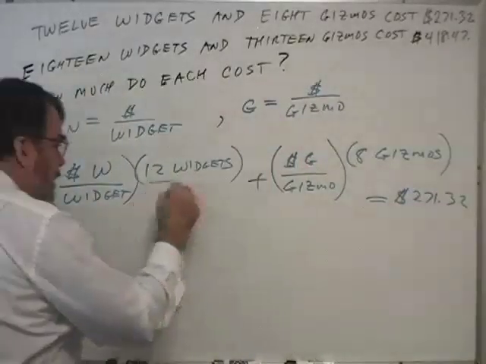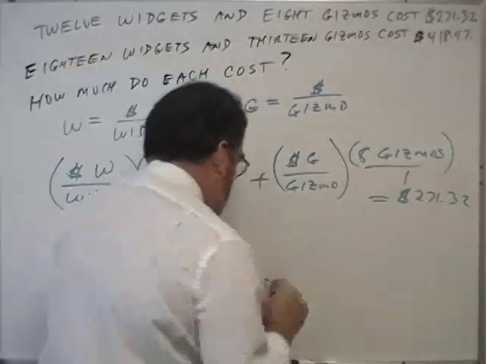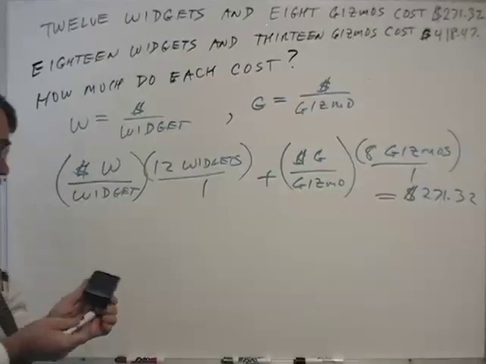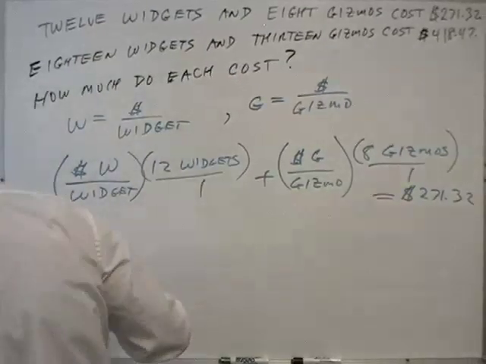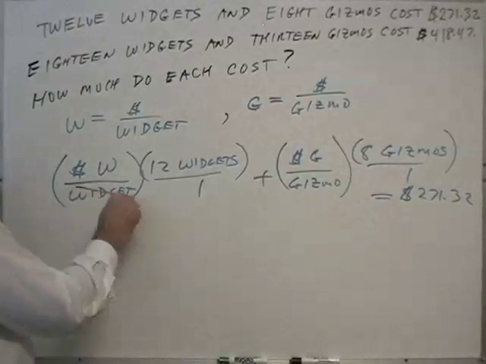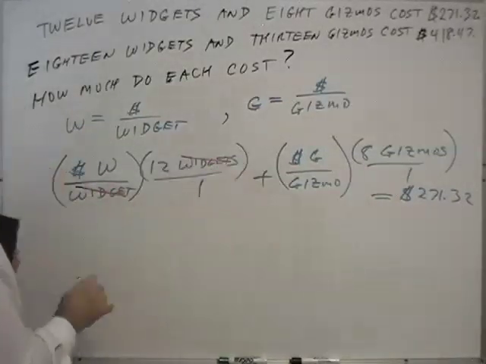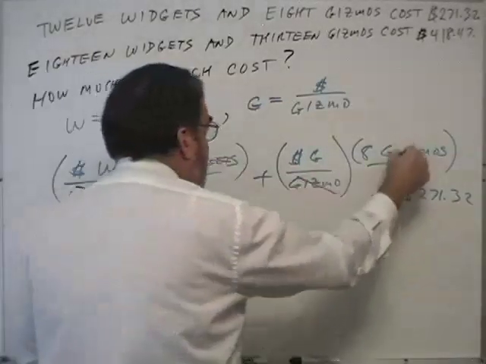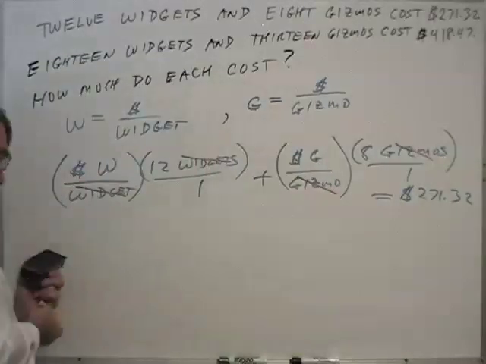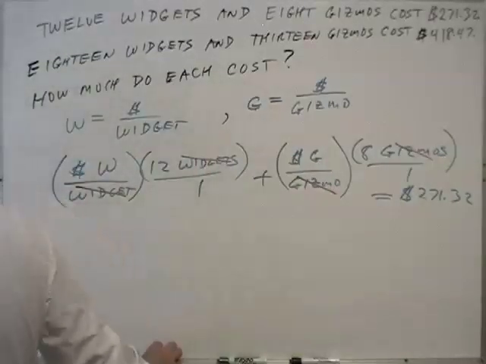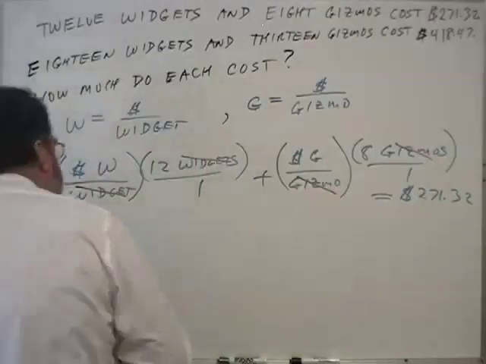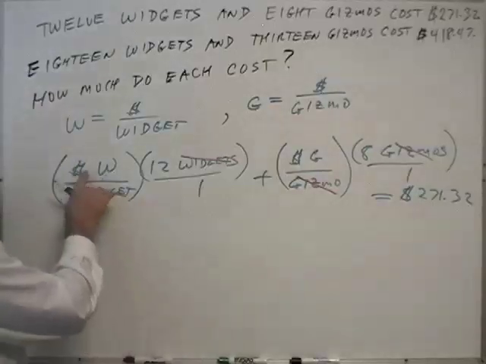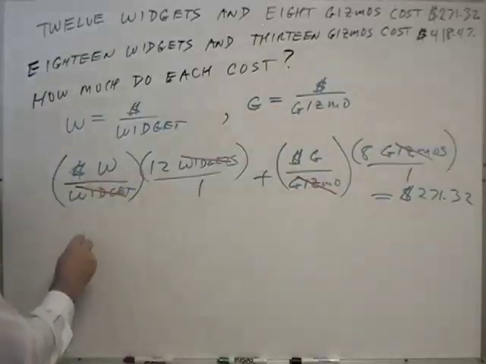When I multiply here, do I get the right units? So the word widget cancels here, and the word gizmo cancels there, and what we're left with is 12W in dollars.